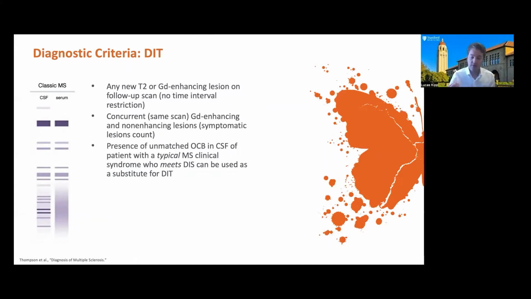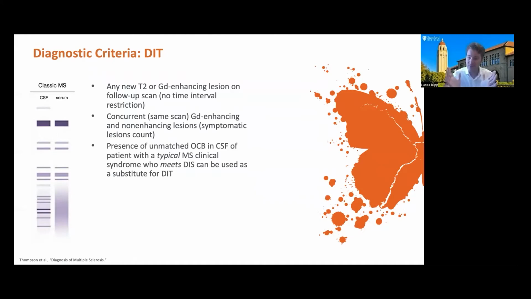So as we mentioned, in MS, when people are having these acute relapses, there's a breakdown of the barrier between the blood and the brain. Those immune cells traffic in, and they cause those aggregates of immune cells that cause inflammation. And that same blood-brain barrier breakdown is where that gadolinium contrast leaks into, and those areas enhance with gadolinium.